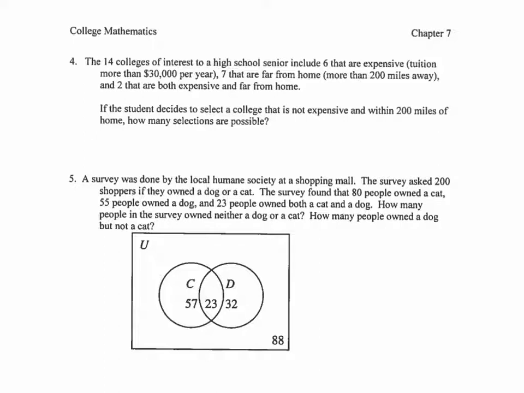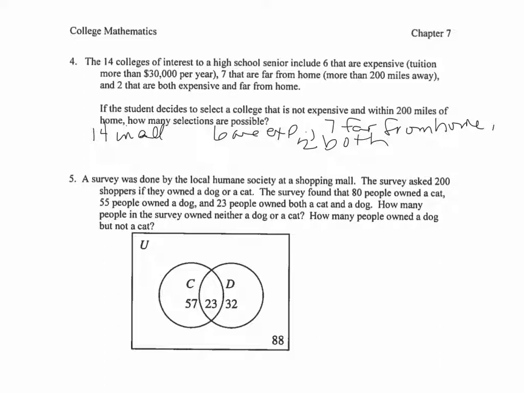Okay, there are 14 colleges in all. Now, if we look back, we know 6 are expensive, 7 are far from home, and there are 2 that are both of these.